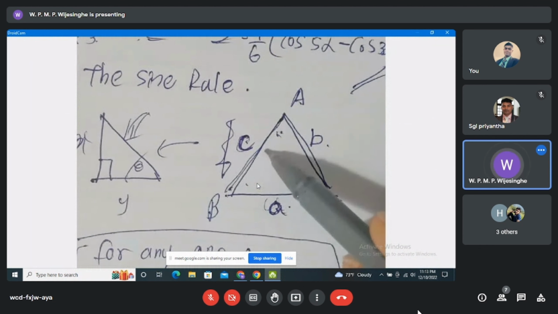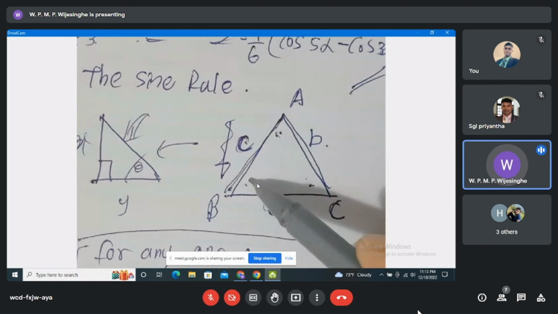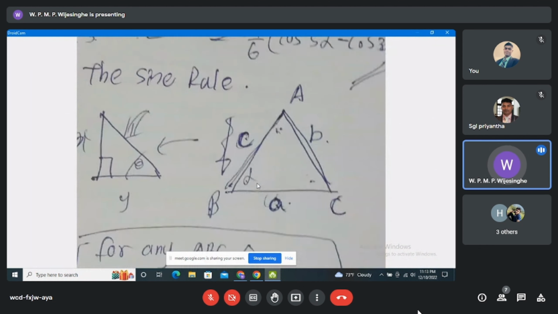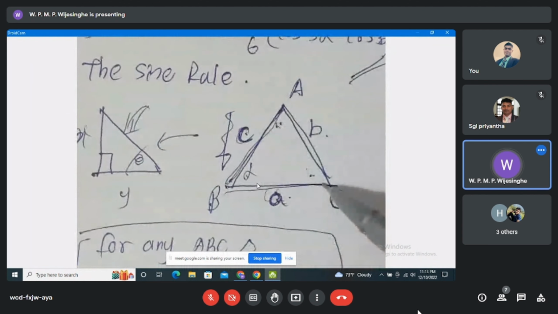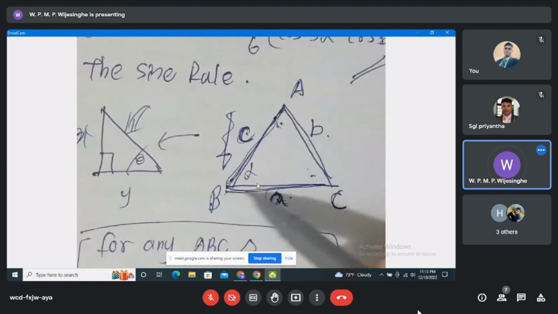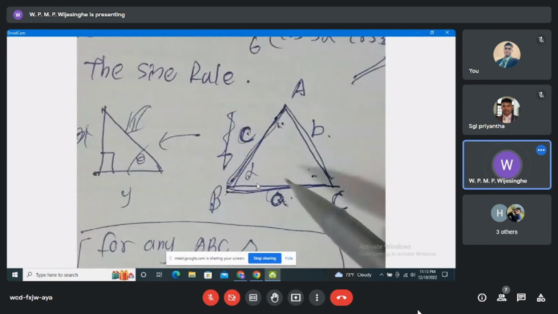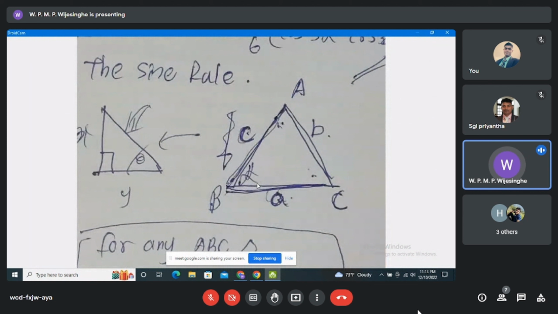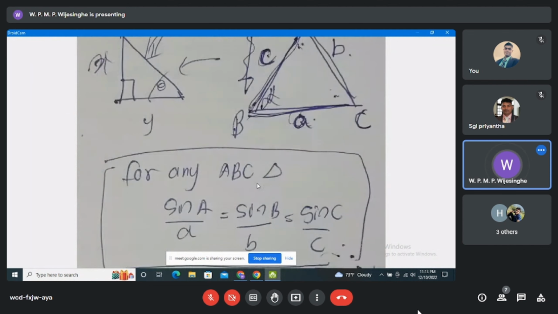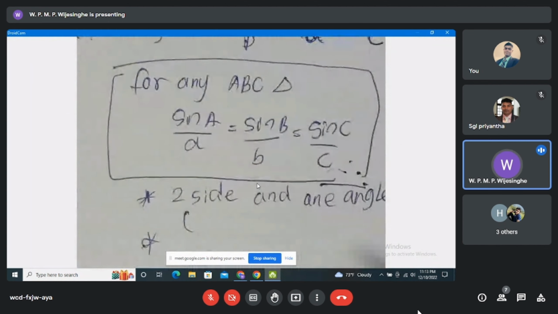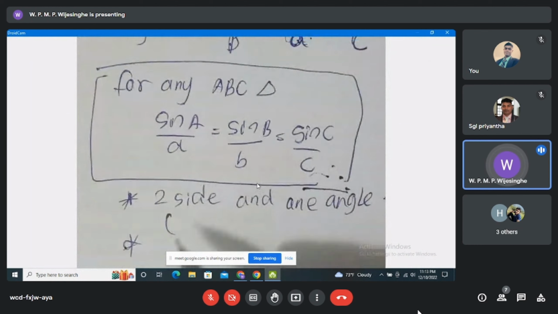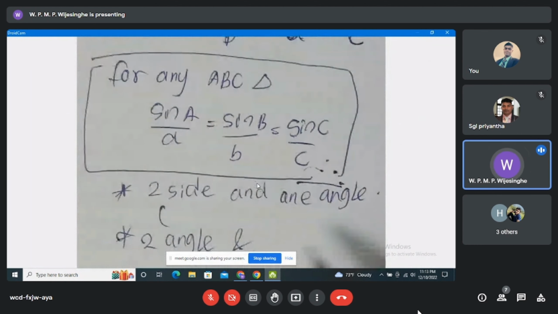But if you know only the angle between the known side lengths, we can't apply this sine rule. The second case is when you know two angles and one side.